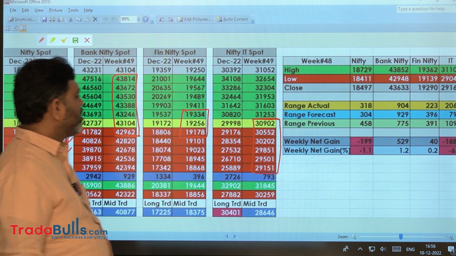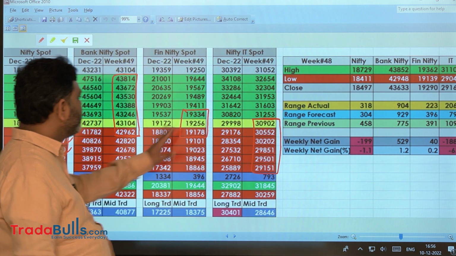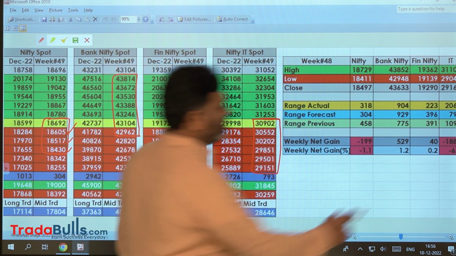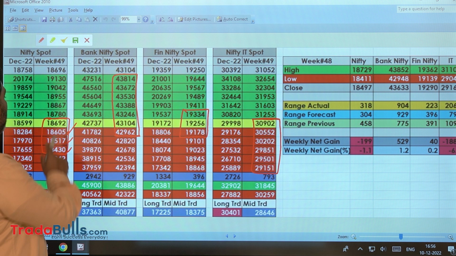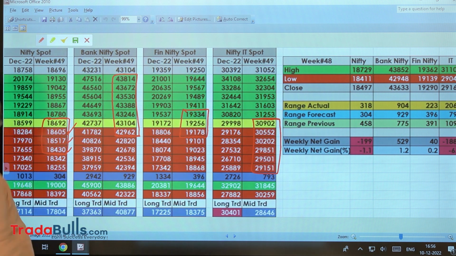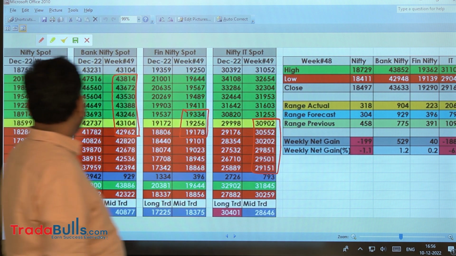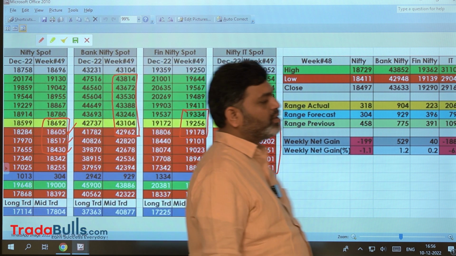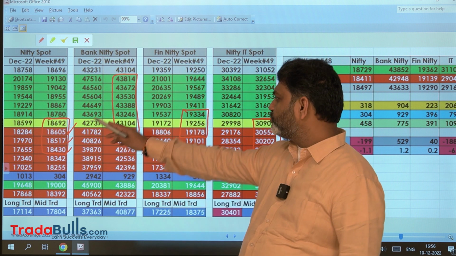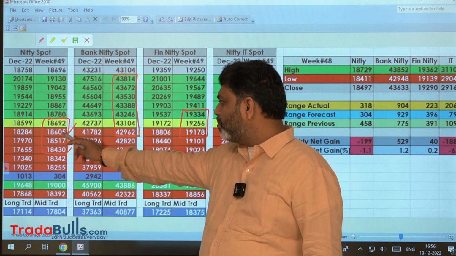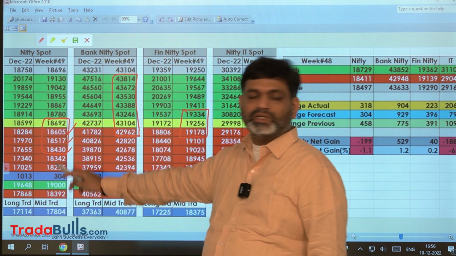Fin Nifty, a combination of Nifty and Bank Nifty, closed very flatly at about 0.2 percent. Whereas in Nifty, three red zone values were triggered, almost all from 18,600 to 18,400, about 200 points, of the levels we mentioned.